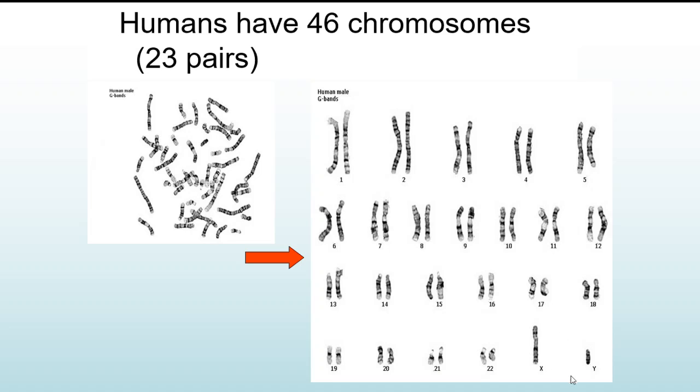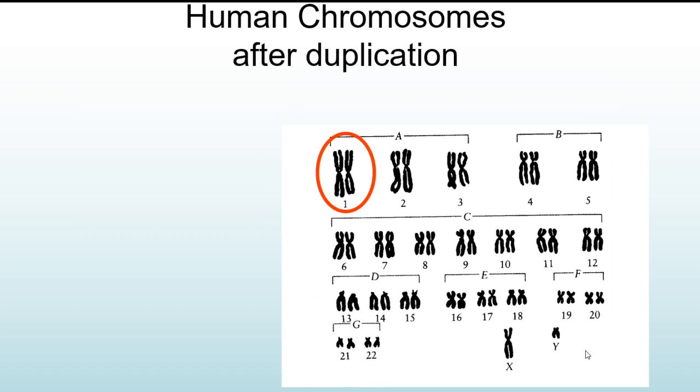We also have some sex chromosomes down here, X and Y. Of course, I can tell this is of a male because it's X and Y. If it was an X and an X, that would be a female.